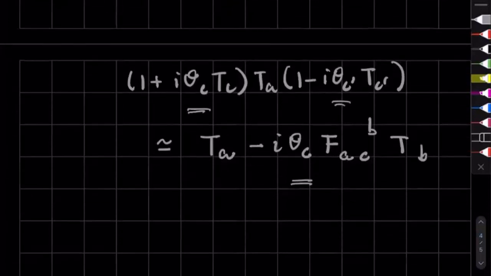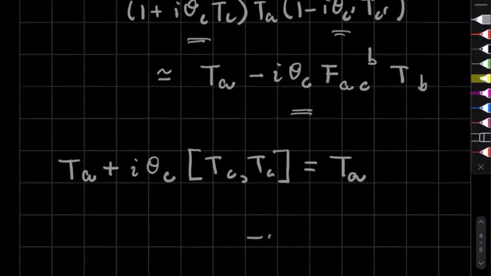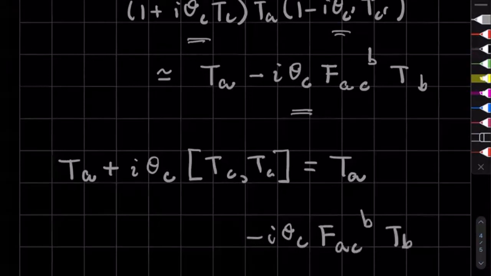Then the left-hand side becomes T_A plus i theta^C times the commutator of T_C and T_A, and that is going to be T_A minus i theta^C f_ACB T_B. Okay?